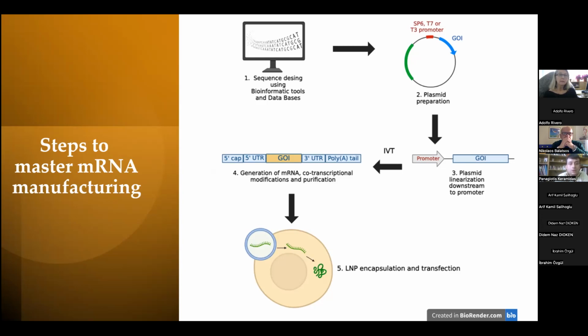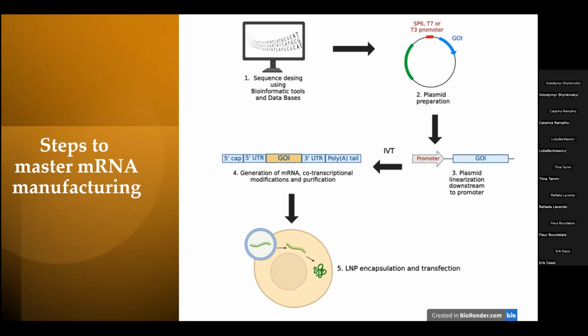We must take into consideration two essential factors for this. One of which is whether we want to study the wild type protein or the mutant protein, so we design the sequence that will contain the mutation of interest.